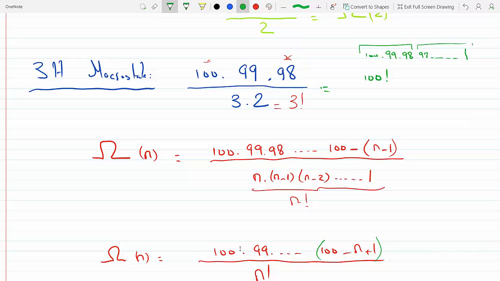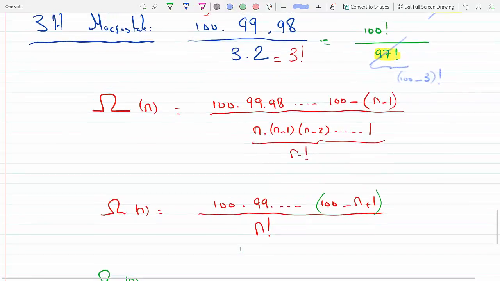So I can say 100 factorial, and then further divide that by 97 factorial. This 97 factorial represents all these numbers here, and I'm able to just cross them out, and I would get back to my actual numerator, which is 100 times 99 times 98. And what was this 97? This 97 was the number of coins minus my macrostate, minus 3 factorial.